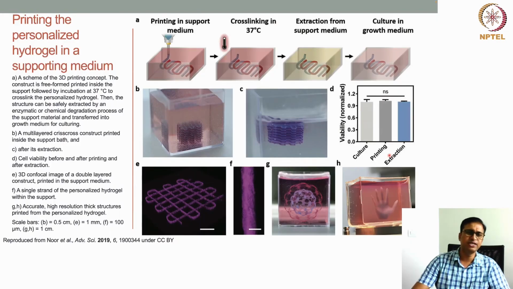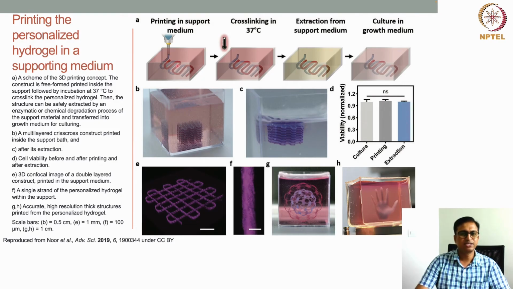They have also implemented another strategy, a supporting bath. We have seen 3D printing in a support bath, which we discussed in our earlier classes. Here they printed the sacrificial material and the blood vessel material both in the support medium.